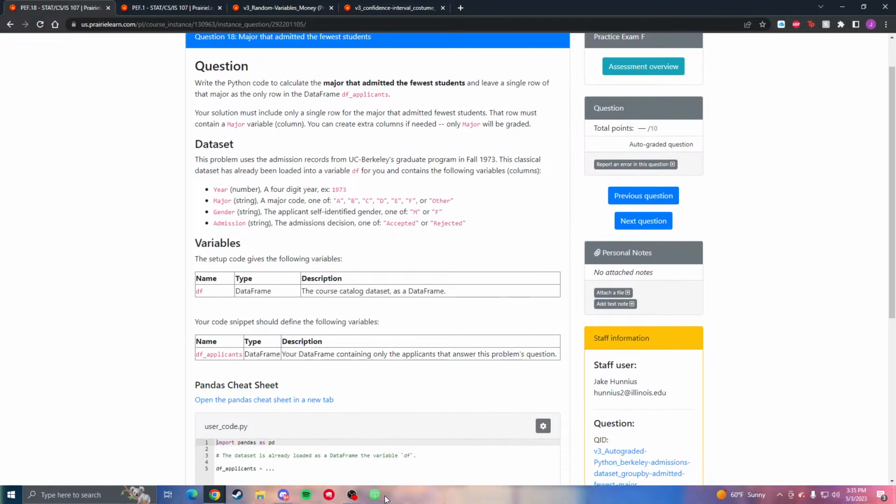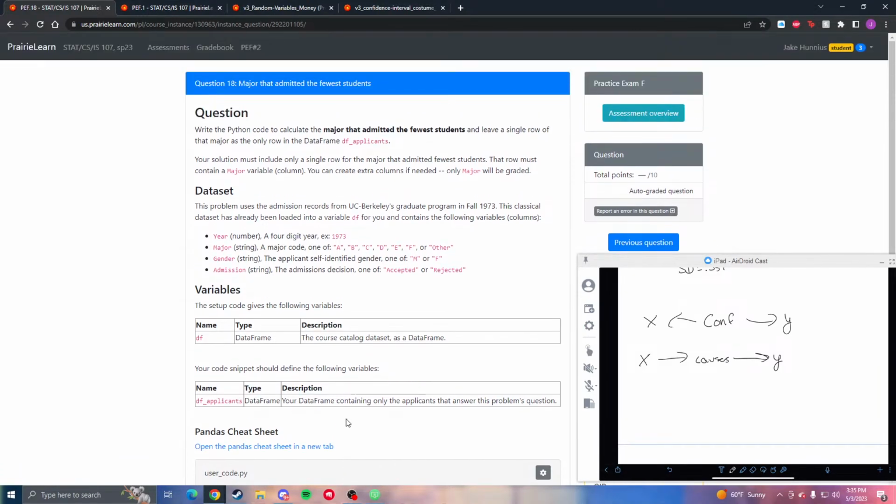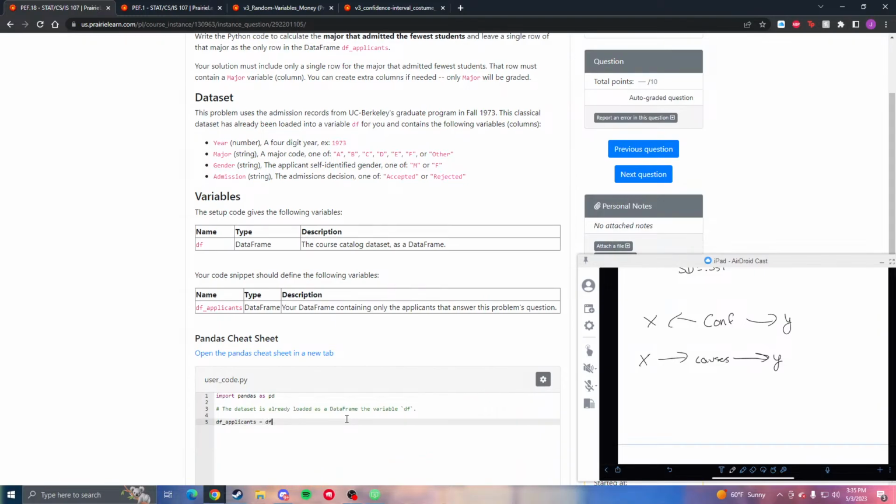Major that admitted the fewest students. So that is a group by, and we're grouping by the major. Well, first we have to figure out who was admitted in that.